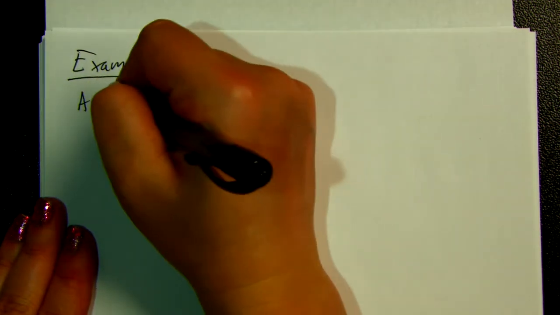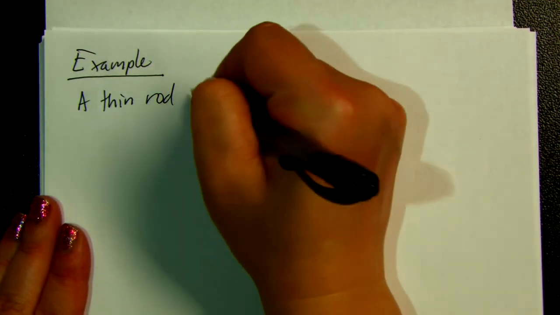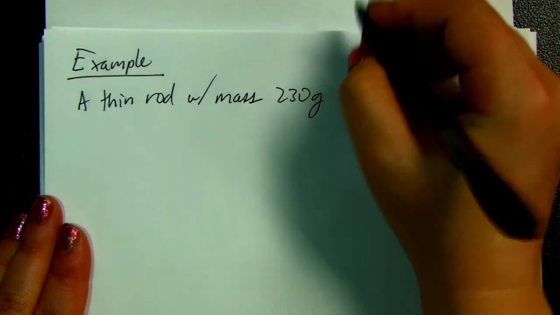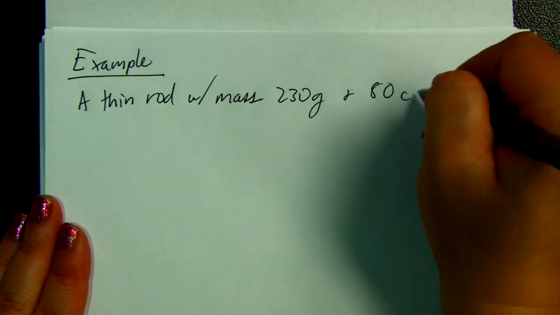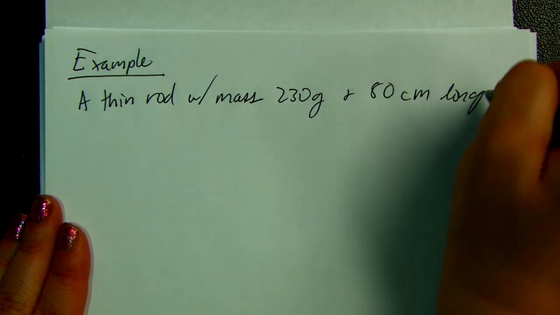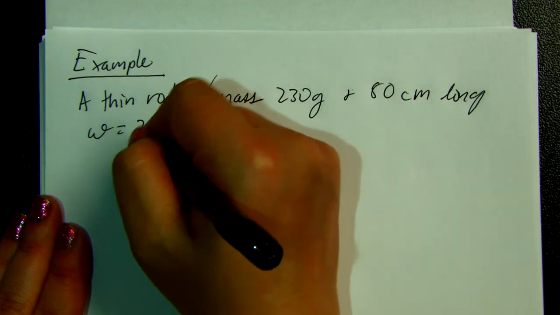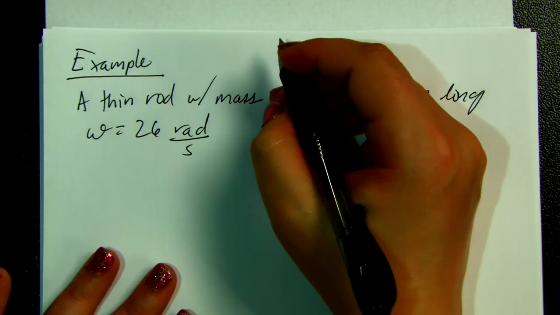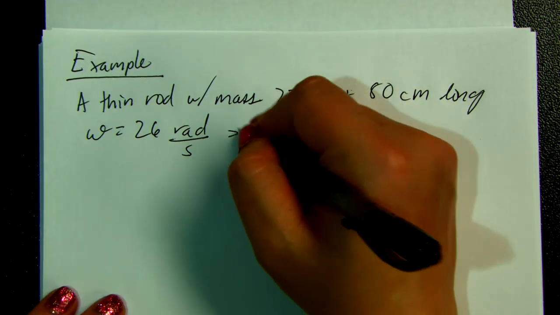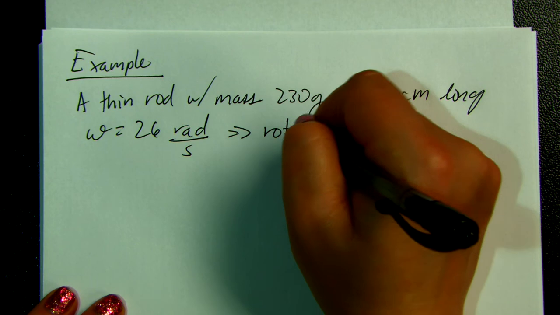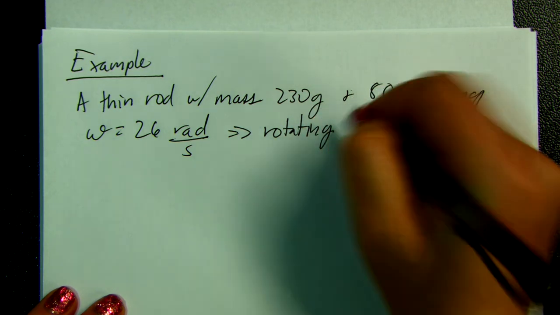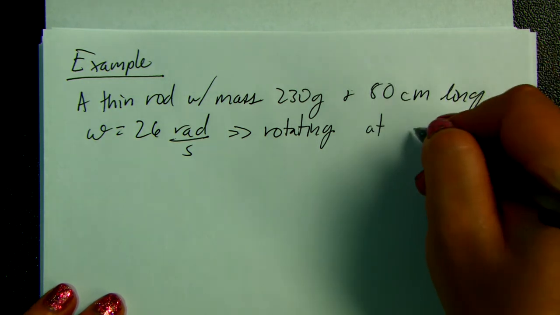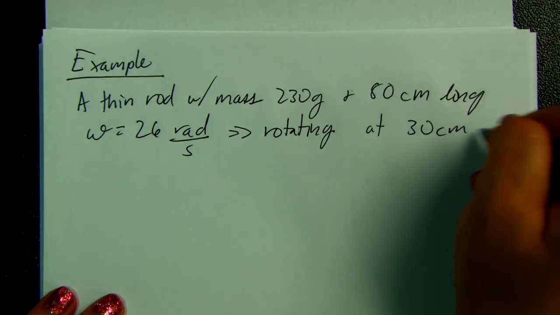We have a thin rod with mass 230 grams and 80 centimeters long, with omega being equal to 26 radians per second, and it's rotating at 30 centimeters from one end.